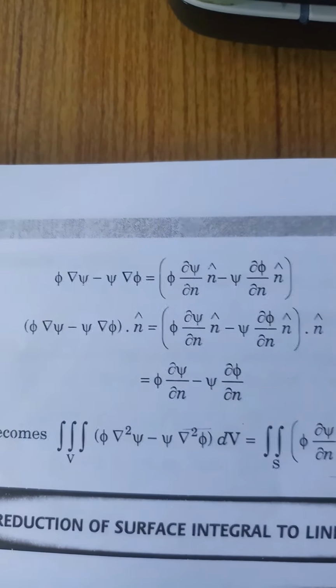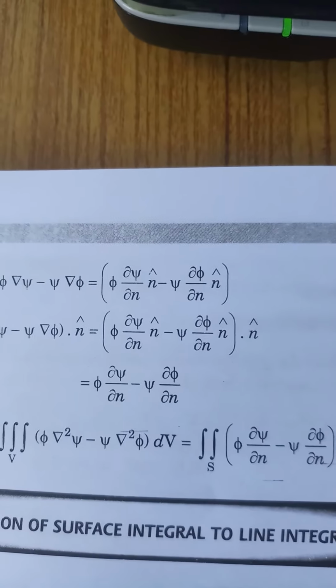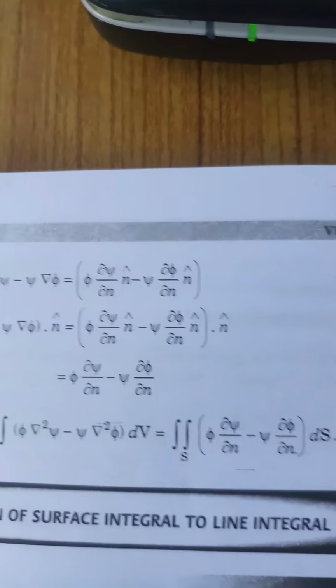Therefore phi del psi minus psi del phi is equal to phi ∂psi/∂n n cap minus psi ∂phi/∂n n cap.